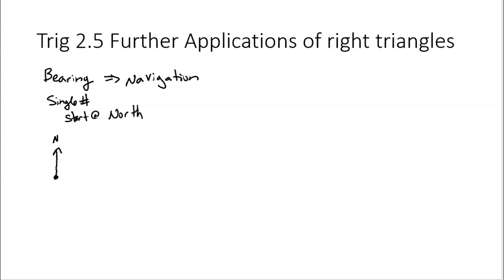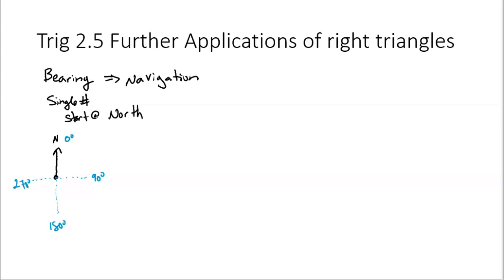So here's north, and if we think about it, we can almost build our 90, our 180, or 270. So this would become 0 degrees, and then this would be 90. This would be your 180, and this would be your 270. If we make it all the way back, it'd be a full circle, right?